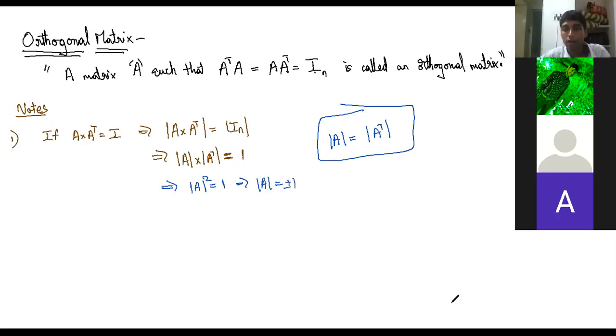But what is something more interesting to us? From here, can I say determinant of A is not 0? Okay. So what if this is not 0? Idempotent matrix?